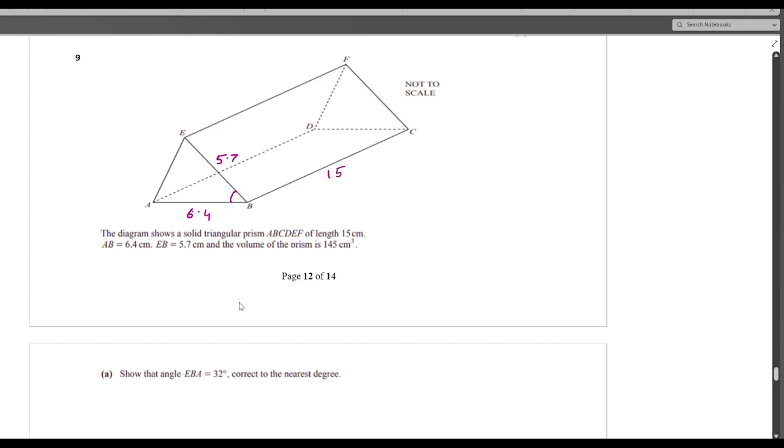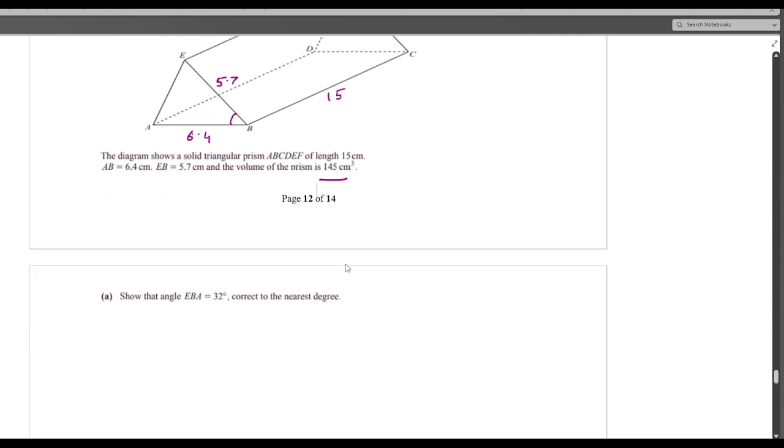Okay. So in this triangle, if you see, I have EB side and AB side given. One more thing, from this volume, I can find out area. So your area, you already know that formula for area is half times your one side, that is 6.4, times other side, which is 5.7 here, into sine of angle between them.